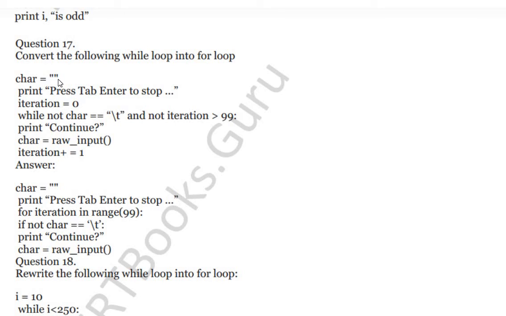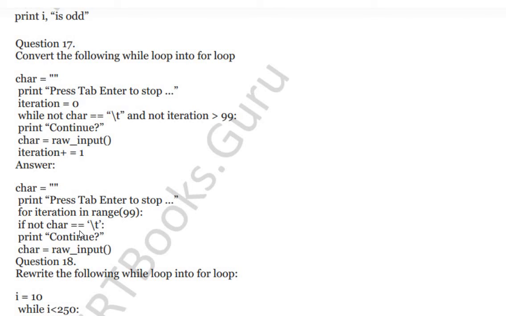Fine. Now we have to convert it into a for loop. The first two statements will remain the same as they are. Fine. There will be a conversion in these two lines. You will see here, for iteration in range 99. Here the loop will go until the value reaches 99, so the value 99 comes from here.